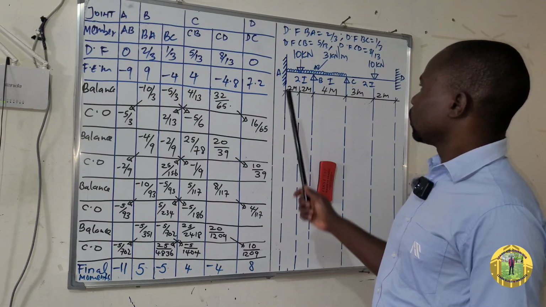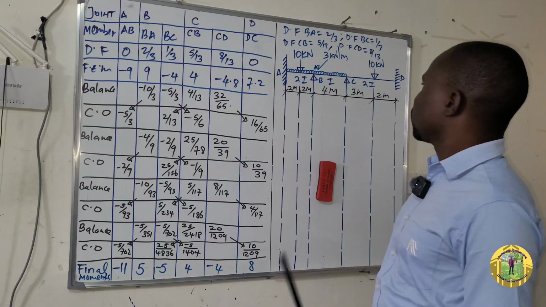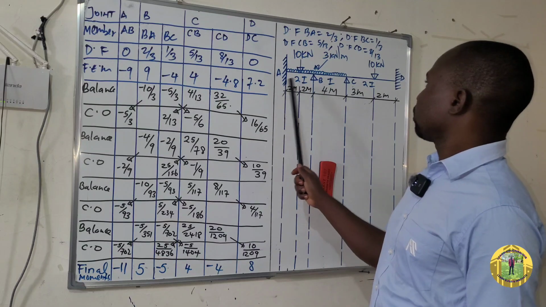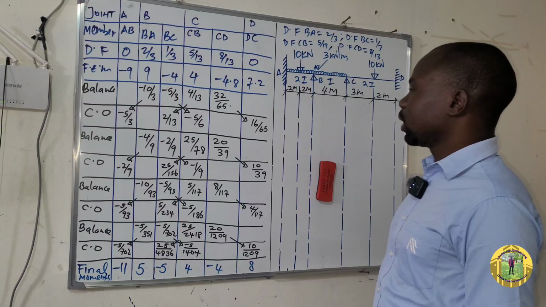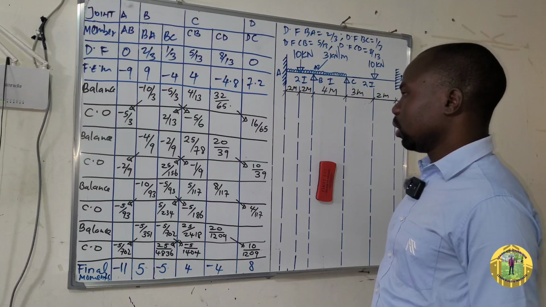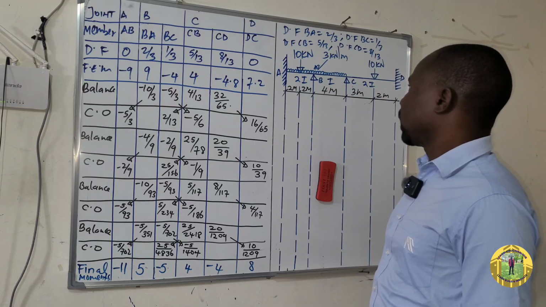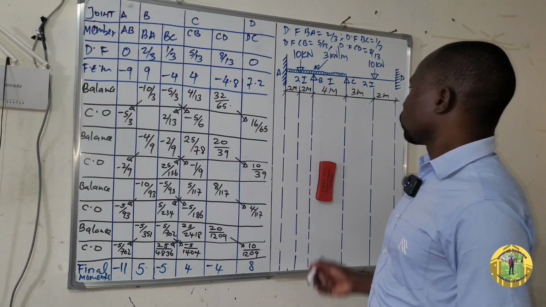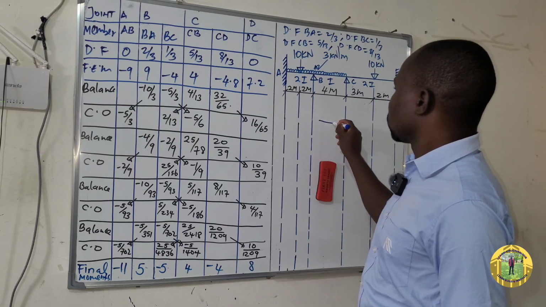But if joint A and joint D were pinned, then it means you have to release them, because a pinned joint has 0 moment.